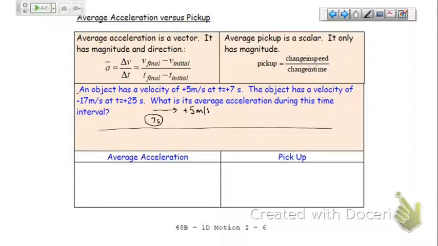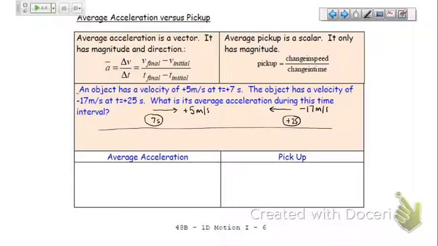The object has a velocity of minus 17. Oh my word, minus 17. So I'm going to put it like that: minus 17 meters per second, and this is at plus 25. What is this average acceleration during the time taken?